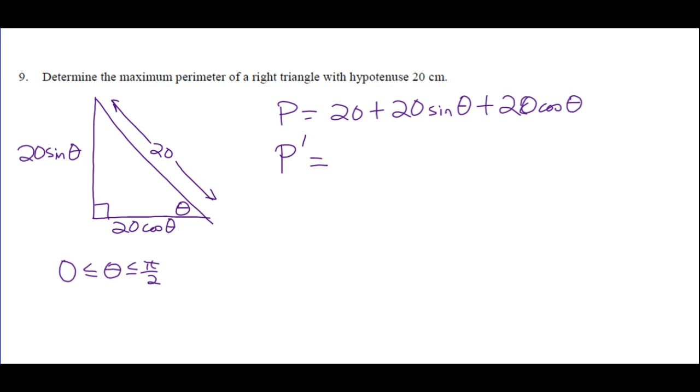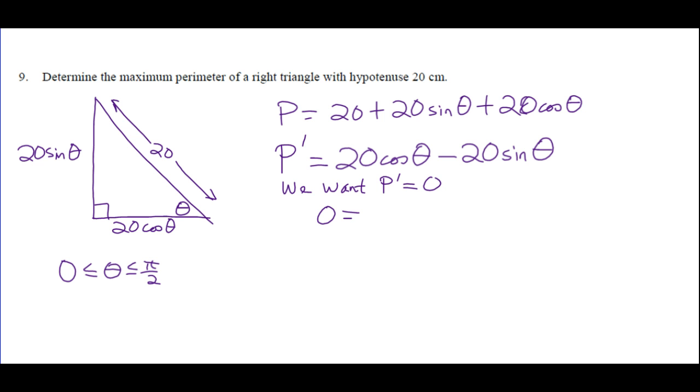So P prime, the derivative of 20 is 0. The derivative of 20 sine theta is 20 cos theta. And the derivative of 20 cos theta is minus 20 sine theta. Now we could factor out the 20 if we want. We want P prime equal to 0.